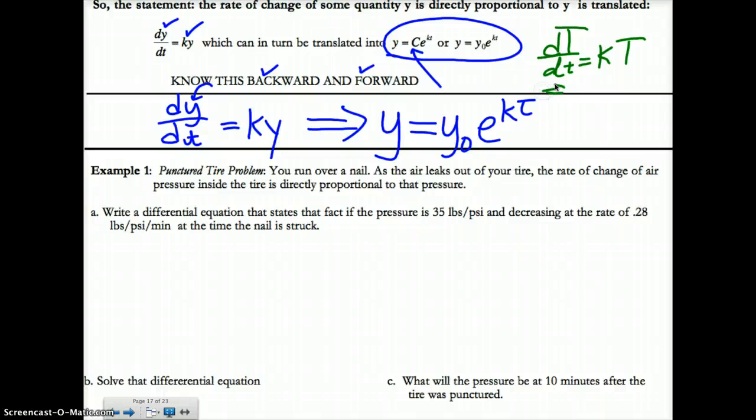And what this would imply is that my temperature prediction is going to equal the temperature at time 0, which means the starting temperature, e to the kt. I like to use these variables that go with my problem, like P for population or P for bacteria. I think it helps you sort out what you're doing. So the only unknown here is going to be this constant k, and we'll talk about how to figure out what that is in one of the next examples.